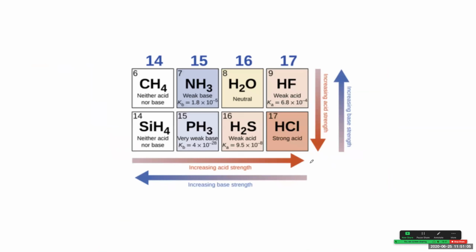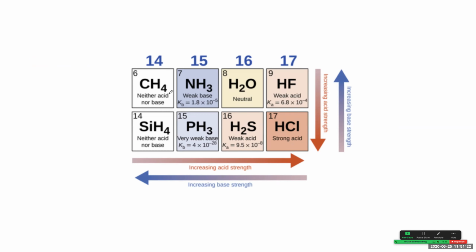So one way you can look at the periodic table is you go along to the right side, and this was taken out of your book. It shows that ammonia is actually a weak base, but as you go further and further to the right, you increase acid strength.